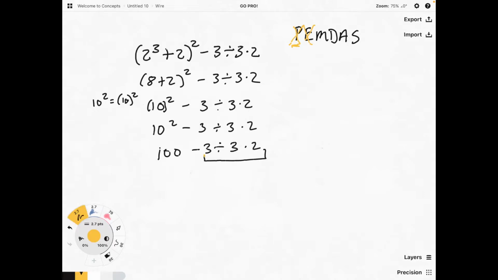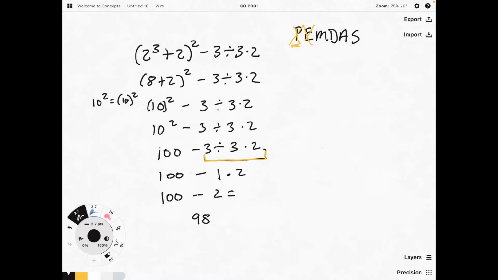This is very important; we're going to come back to this step, because if you do this incorrectly, you're going to get a completely wrong answer. The correct way: multiplication and division. We look at 3 divided by 3, which is 1, and we multiply that by 2, and we still have our 100 out front. Now 100 minus 2, and the answer is 98.